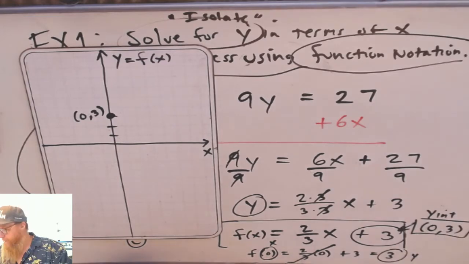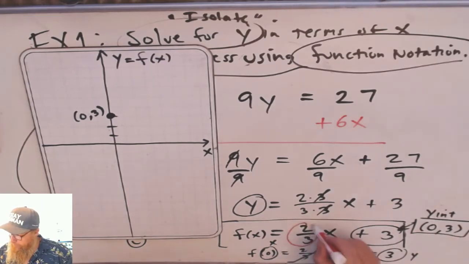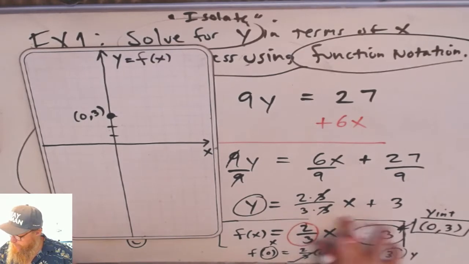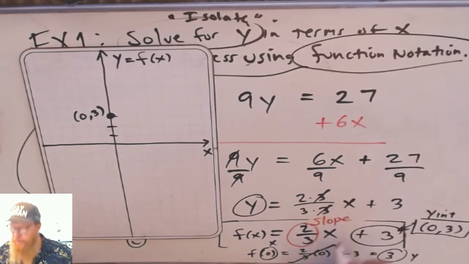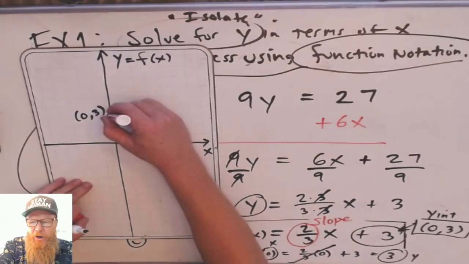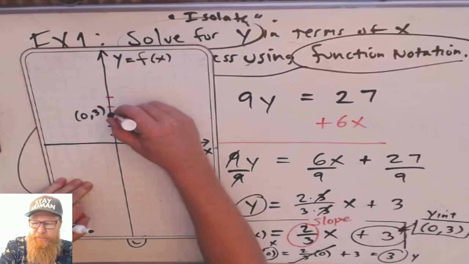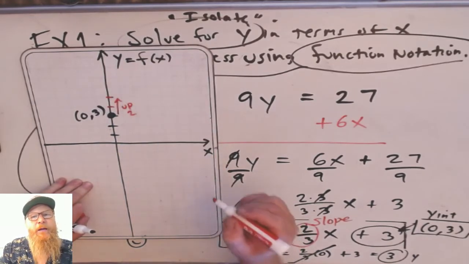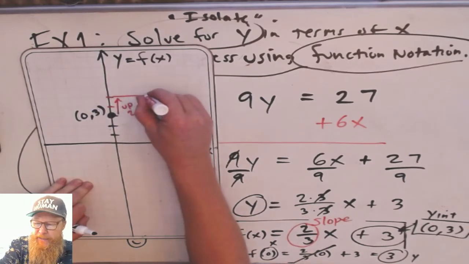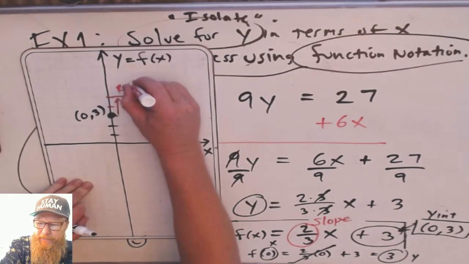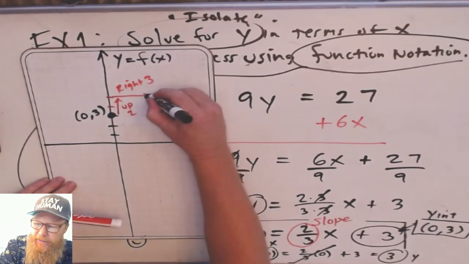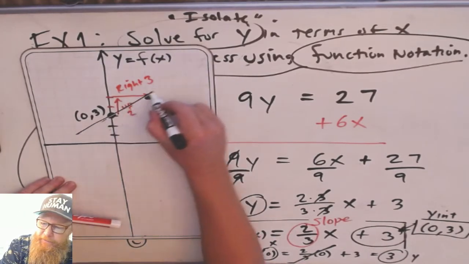And then the slope is 2/3. I don't know if you can read that. Let me write it a little bit bigger. Slope. So starting here, we're going to go up 2, and we're going to go right 3. And that puts us right here. And there's our linear function.